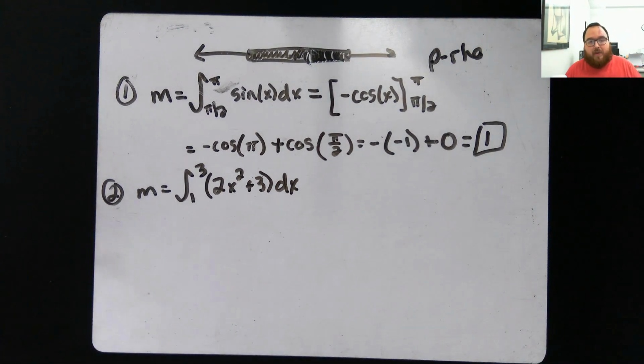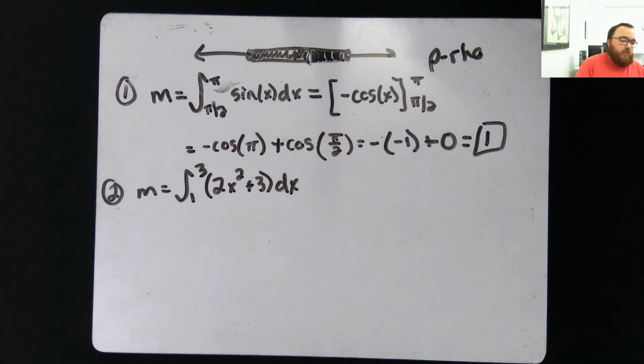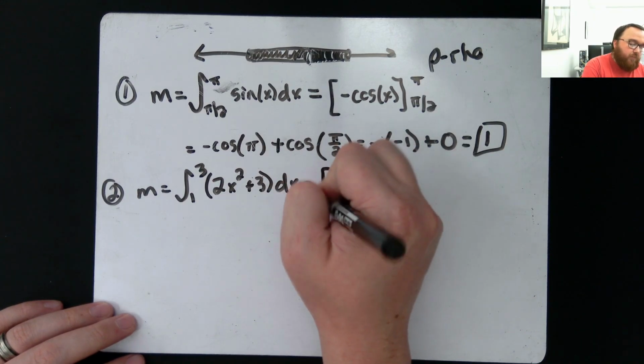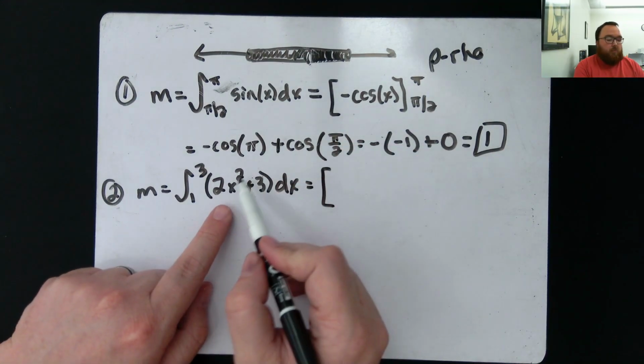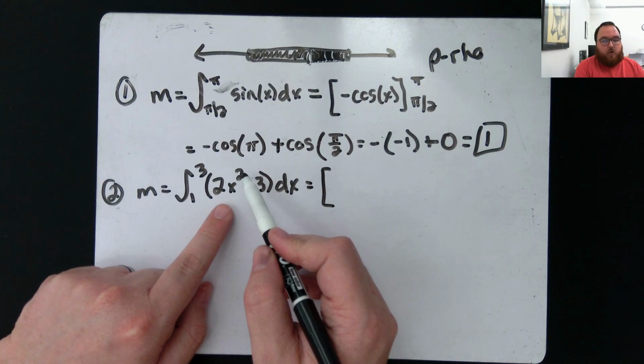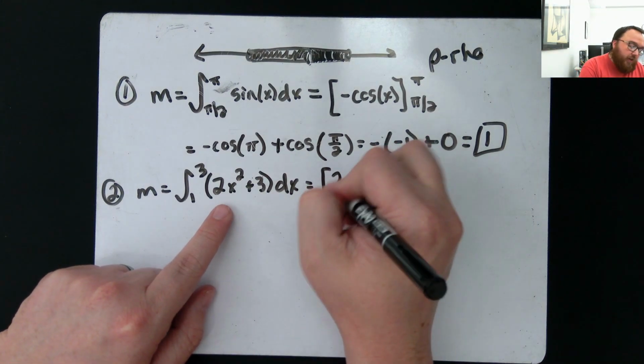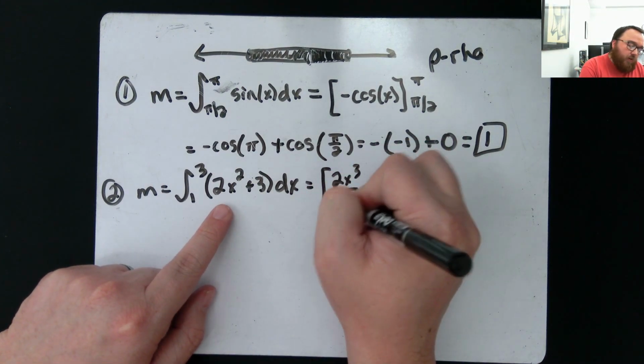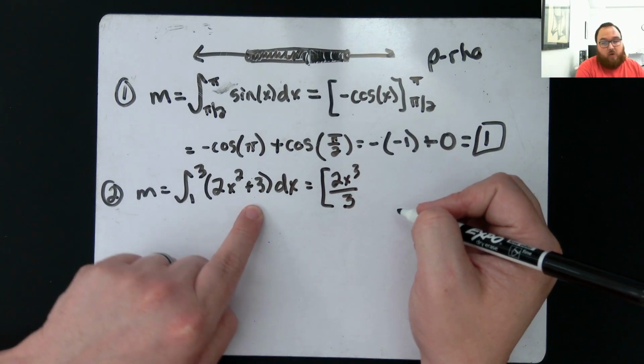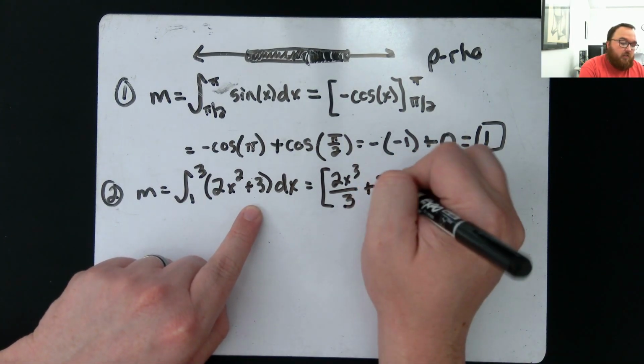This is something we did in Cal 1. So take the antiderivative of that. Add 1 to the power, which makes it x to the third over my new power, 3. So 2x to the third over 3. Antiderivative of 3 is just 3x.